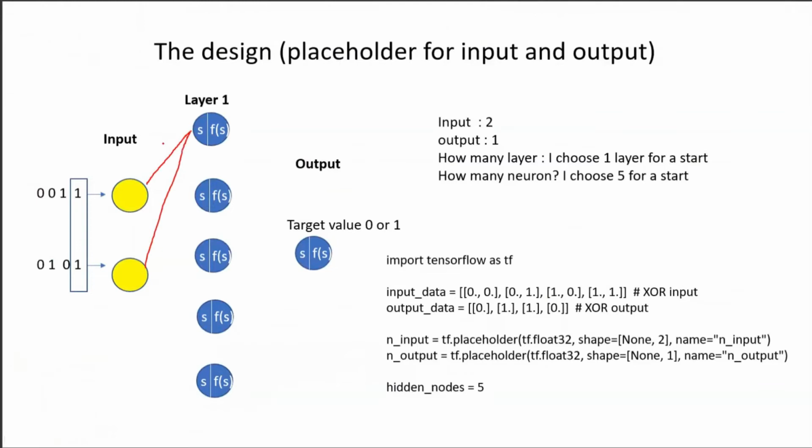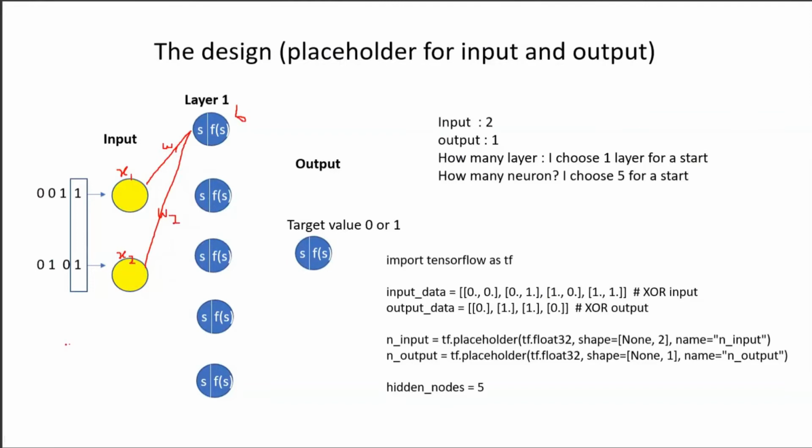So this is W1 and this is W2, this is X1 and this is X2, and this is B.